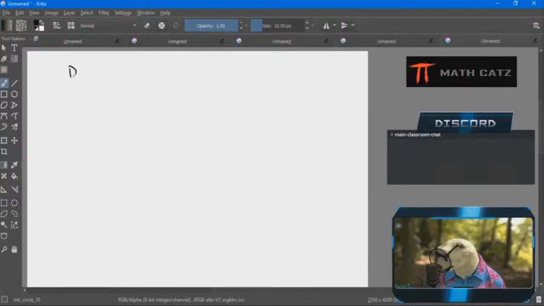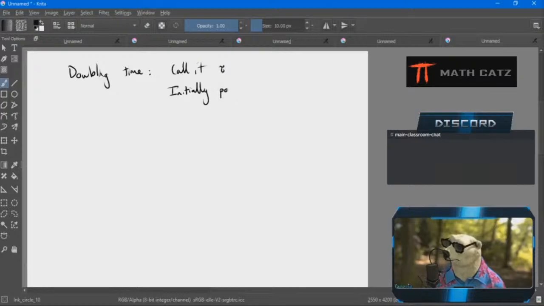So let's just say a little more about this doubling time. So let's call it tau. So what it's going to be is the time it takes for the population to double. So initially, we have the population size is, let's say here, 500.